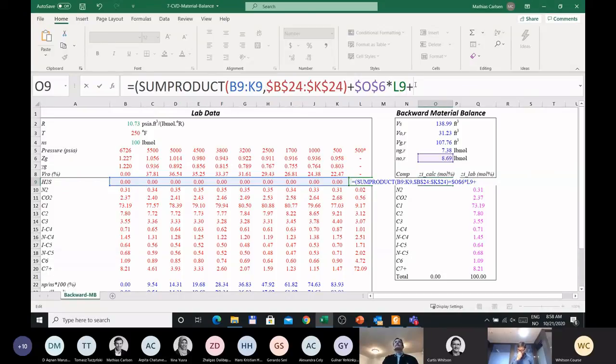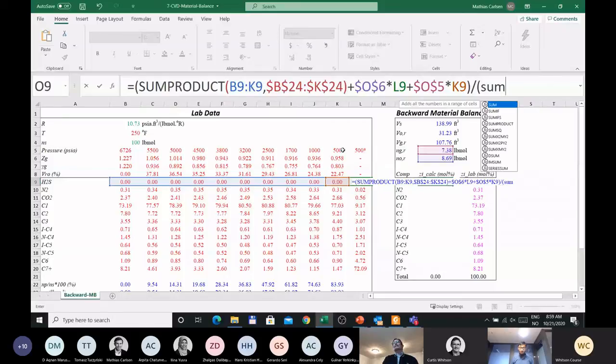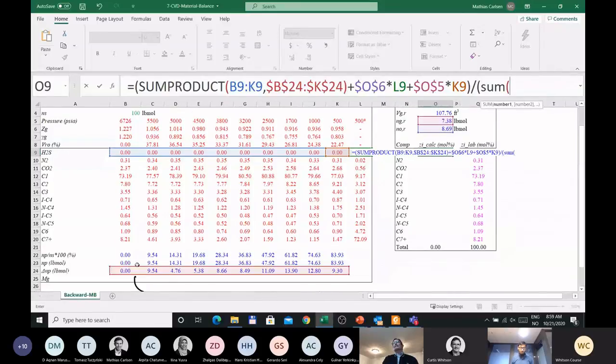And then moles of the residual gas times the composition of the residual gas, the gas at 500 psi, and then divided by the total moles. So that is the sum of all the moles produced. That's this.